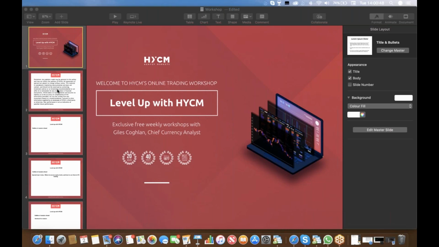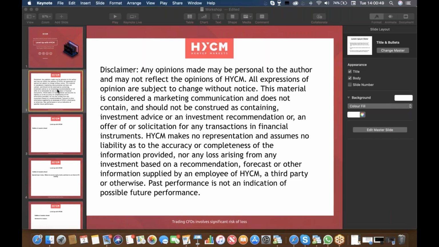Just as folks are coming into the webinar, I'm going to go through this important disclaimer. As we go through and look at different market setups, different potential entries or exits, the whole purpose of this workshop is to see how to make trading decisions for yourself. This isn't a trading signal service or giving advice or recommending various trades.